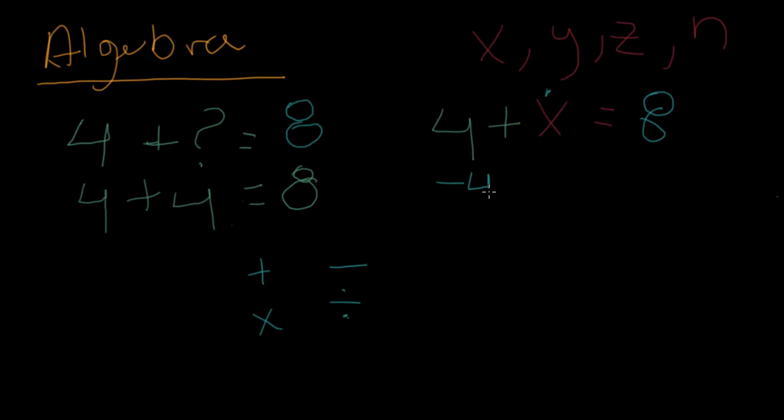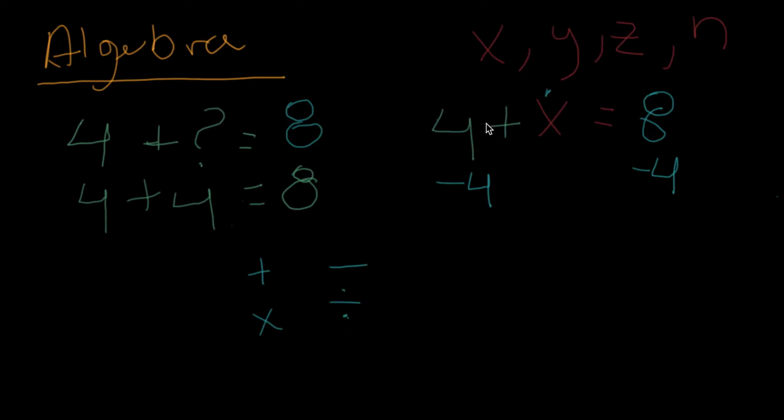And whatever we do to one side, we have to do to the other side, because at the moment the equation is balanced. We can't just start moving things around without balancing the other side. If I was to just subtract 4 on one side and not do it on the other side, the equation would not be balanced. So always look to keep the equation balanced.